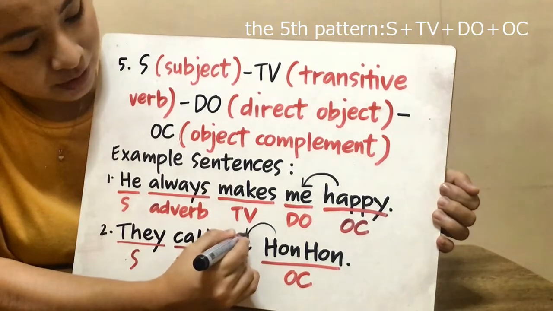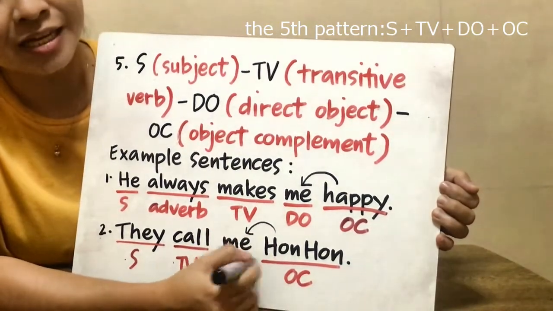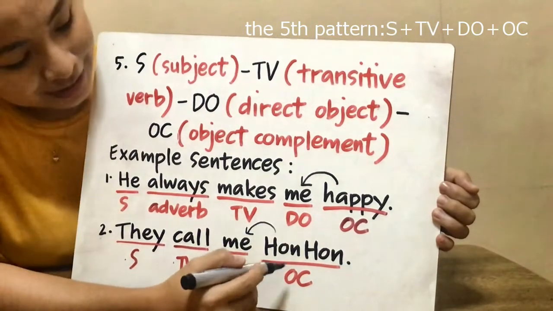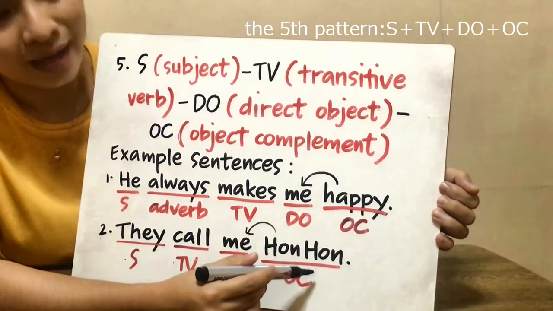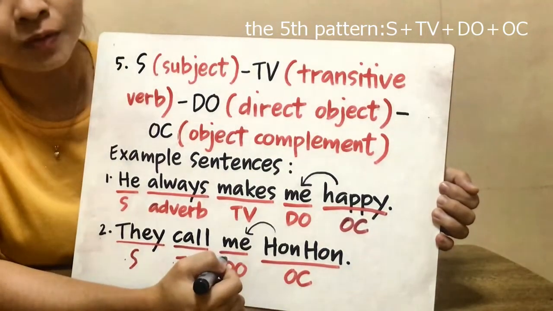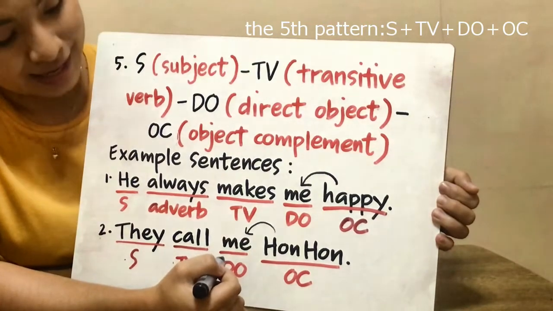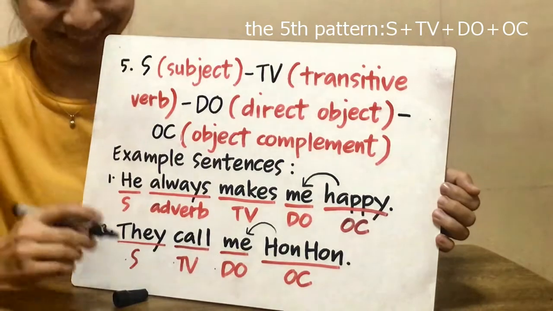Again, you have to focus on this part. So they are actually connected. So in this case, OC is a noun. Why? Because it renames your DO, which is me. That's all. Is everything clear?